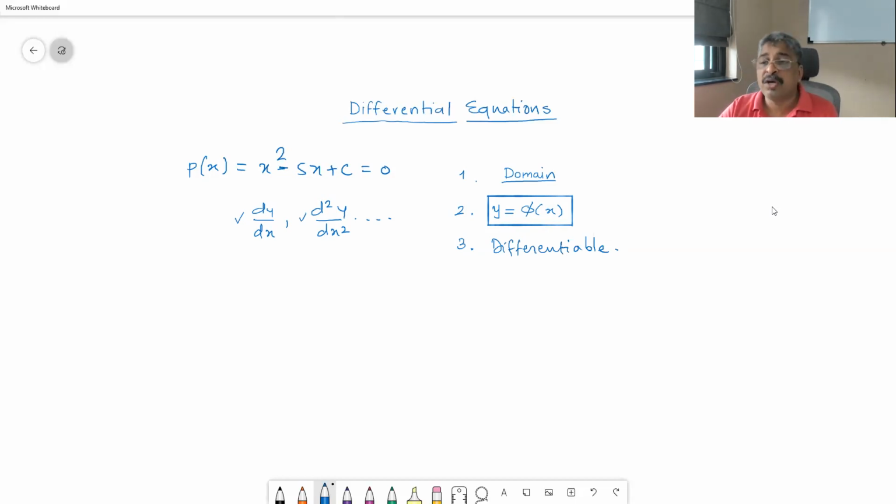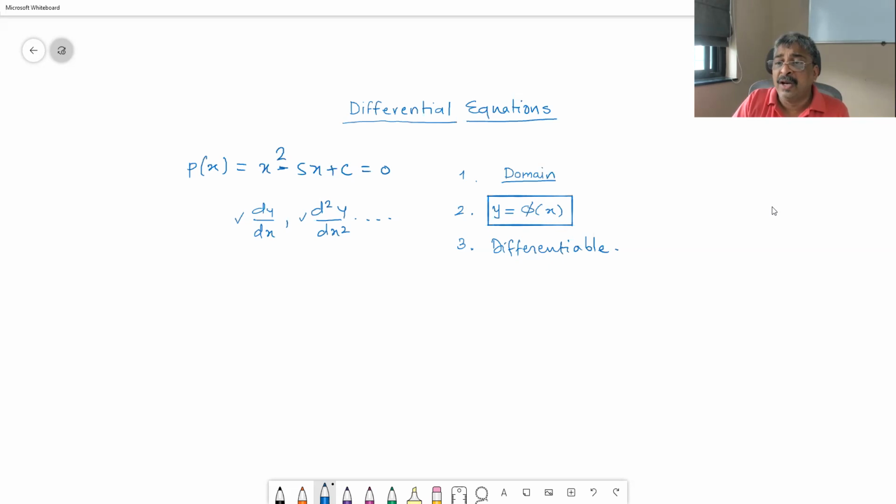Therefore, essentially solving a differential equation is three things: one, finding the domain; two, finding the function; and three, checking the differentiability of that function in the desired domain. And therefore, it might be possible that you may end up getting more than one function which satisfies the same differential equation. We will see examples of that kind.